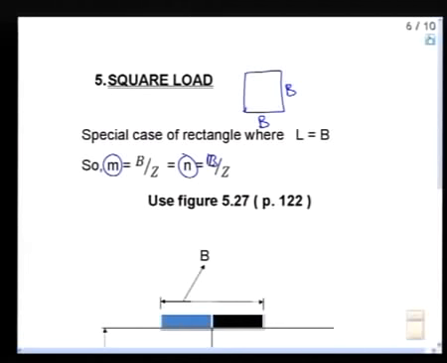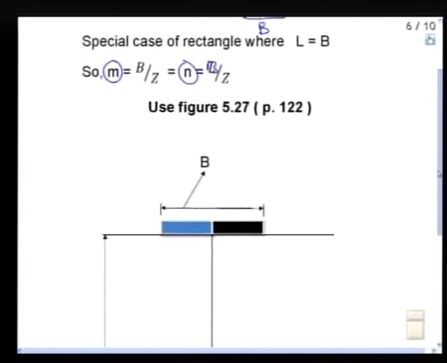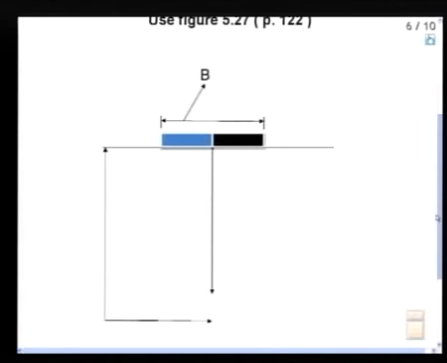But I don't use the same figure. That figure is for a rectangle. Although the square is a special case of a rectangle, right? A square is a special rectangle where L is equal to B. Okay? So instead we will go to figure 5.27, page 122.